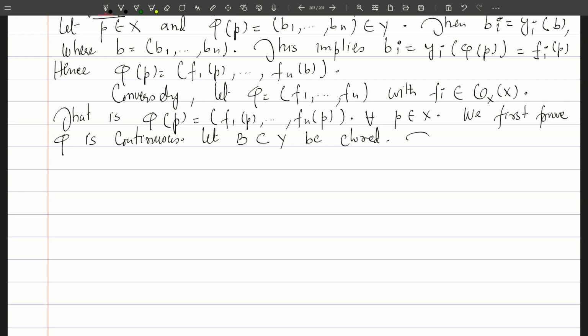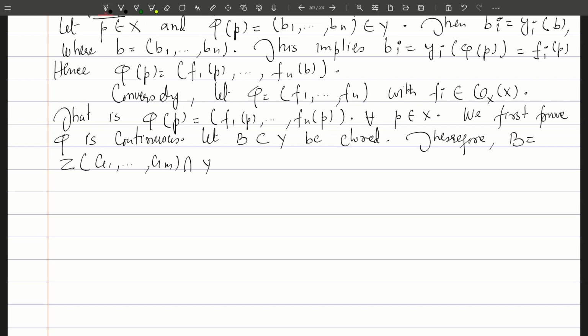So therefore we can write b as the zero set of some polynomials, say g1 up to gm, intersection y. So we take the intersection with y here to make it clear that this set b lies inside y.